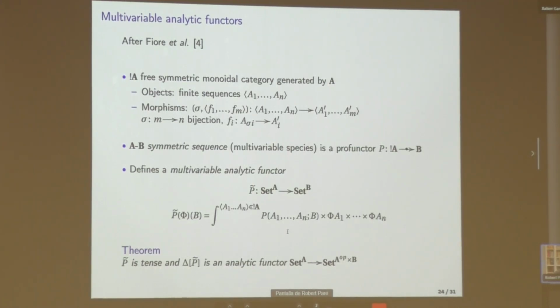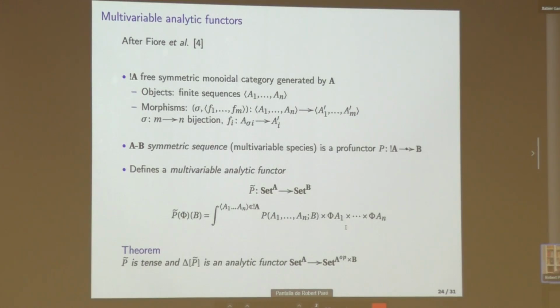by Kan extension. Well, it's a little bit more complicated than that, but what it comes down to is you take the coend over this bang A of P evaluated at some sequence of A's and B now, and cross P of A1 cross P of AN.